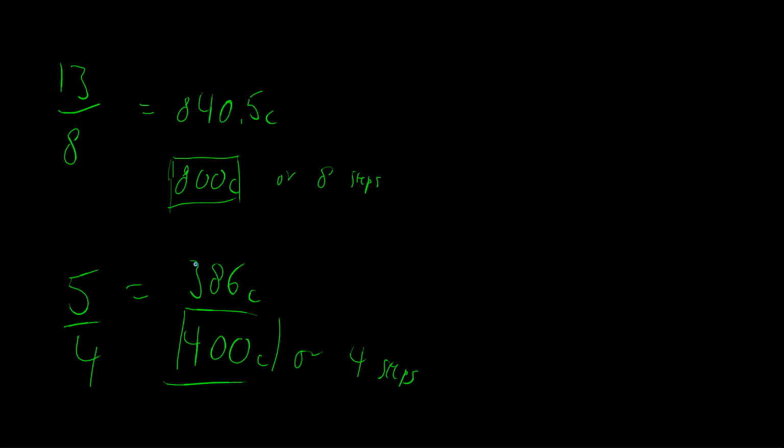So what if we want a ratio of 13 to 10? That's just the difference between these two. That's 13 on 8 divided by 5 on 4. Just for clarity, 13 on 1 is 44 steps with the closest approximation, this one.